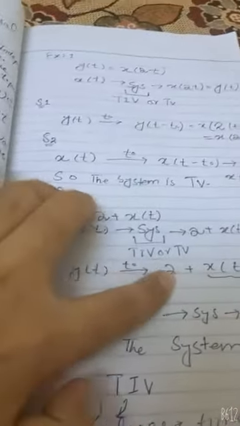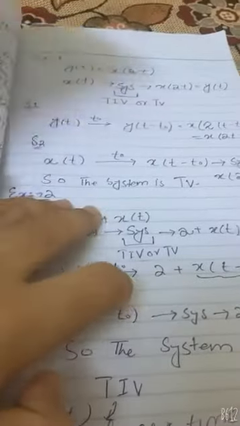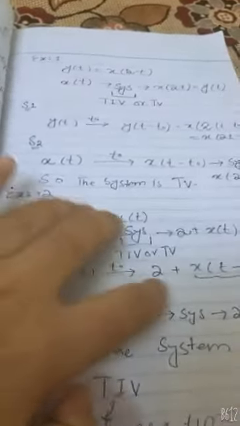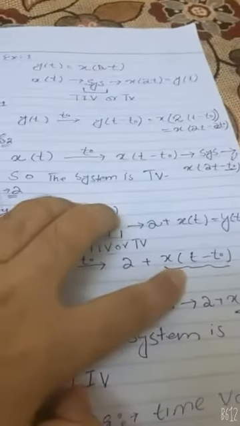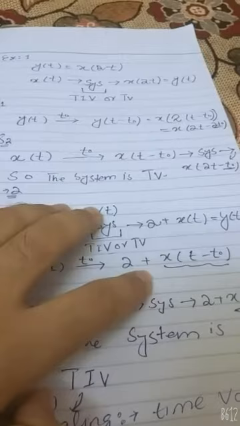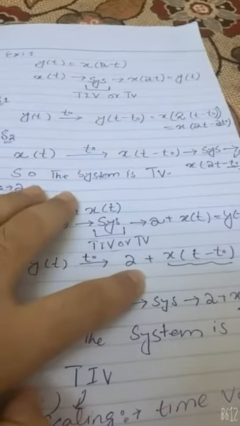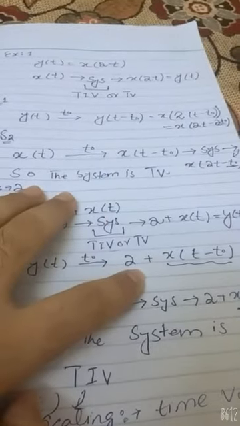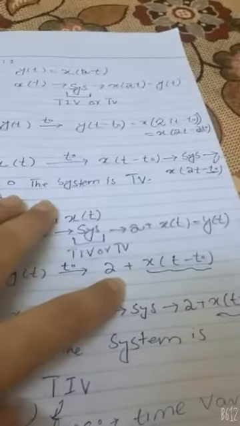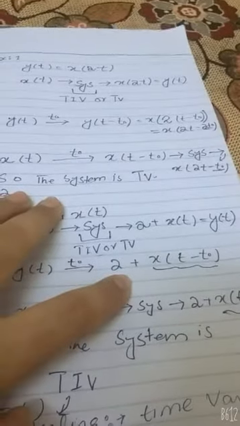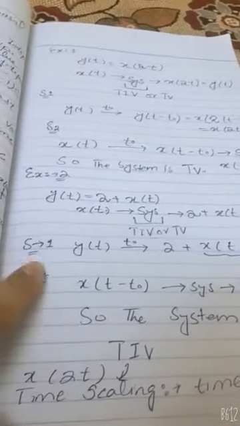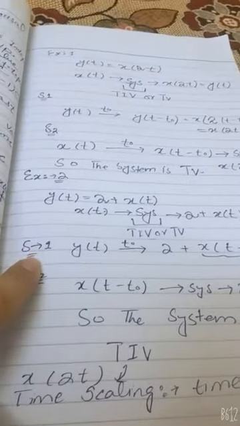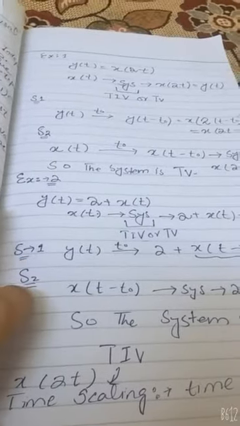After passing through the system I bring in the delay t minus t naught, and the output is 2 plus x of t minus t naught. So a delay occurs here. We follow these 2 steps to check the time invariant and time variant system property.